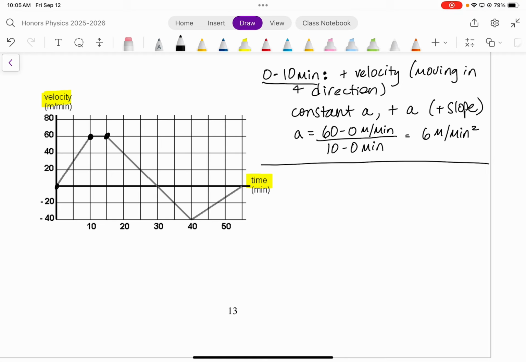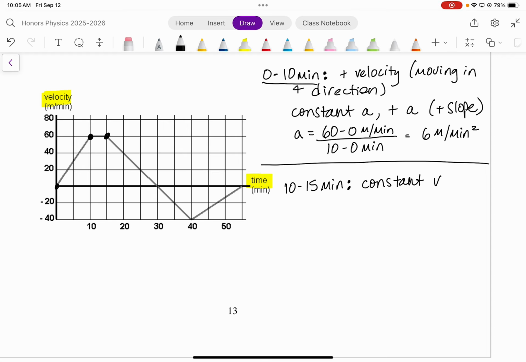All right, so let's look at from 10 to 15 minutes. What can I say about its velocity between 10 and 15 minutes? Constant. And Shelby, what can I say about the acceleration between 10 and 15?